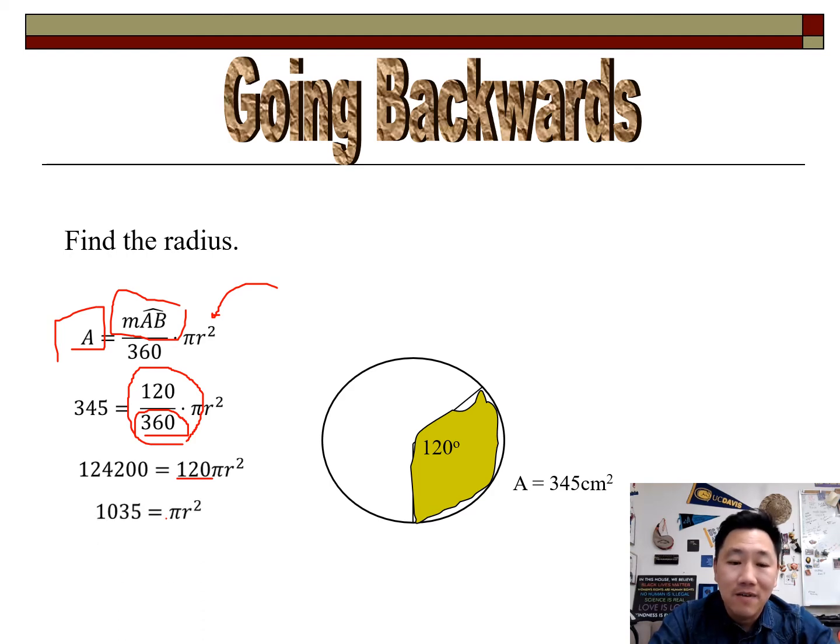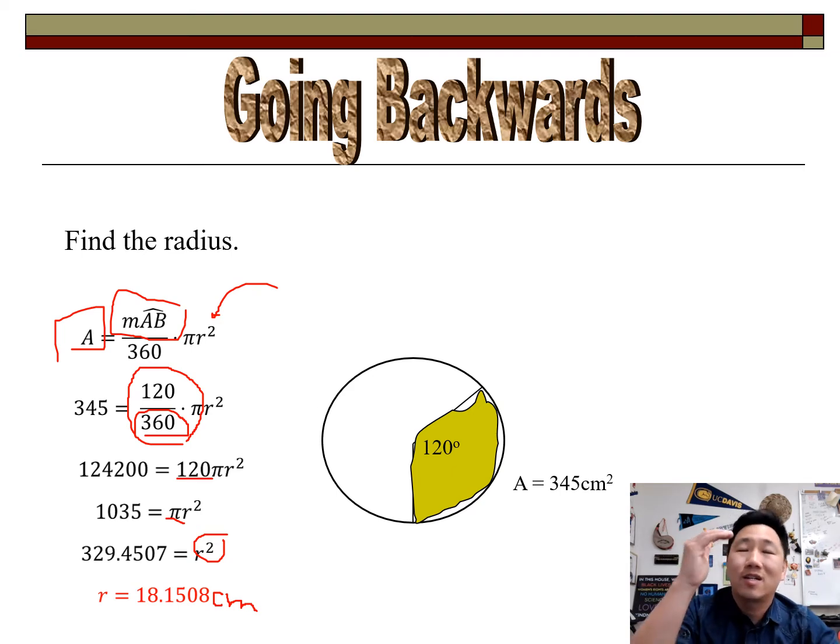And then I'm going to divide by the pi button. And then the last step is to square root that. And there we have it. It should say 18.1508 centimeters. But again, I took every single step, but you don't have to take all the steps. You could have done all three of them at the same time and then divided it over.